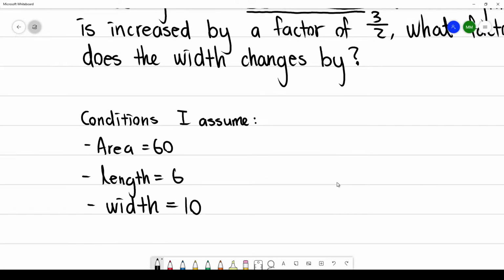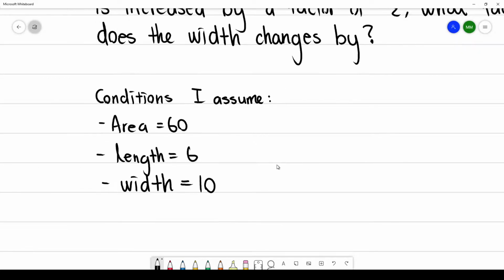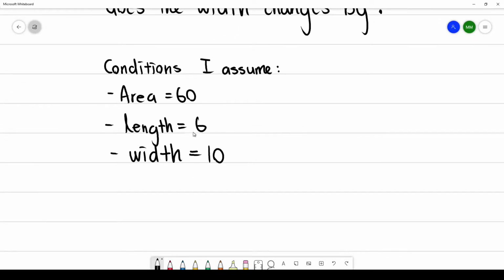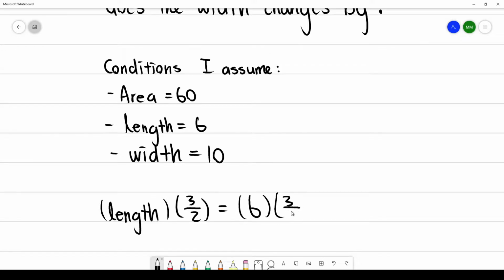So now, when the length is increased by a factor of 3/2, length multiplied by 3/2 is equal to 6 multiplied by 3/2, and that is going to give me 9, right?